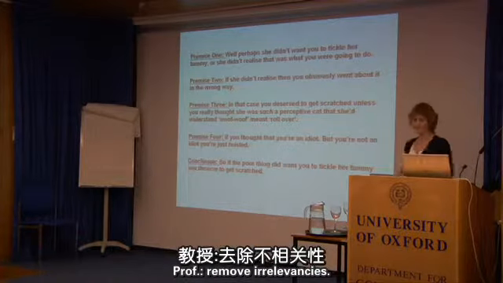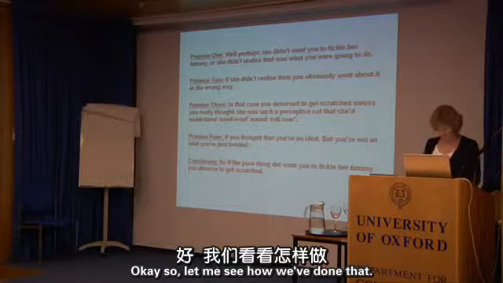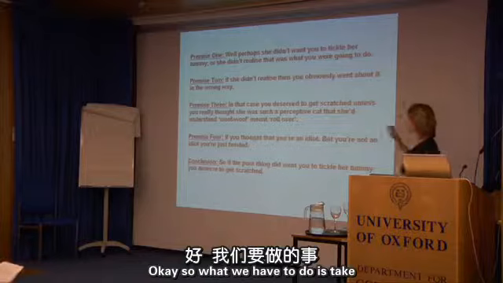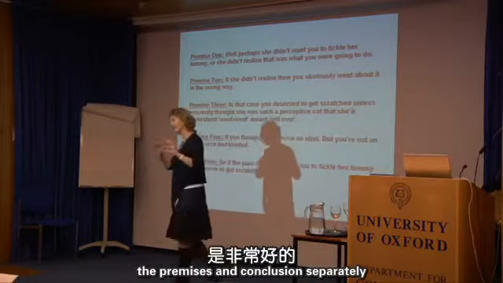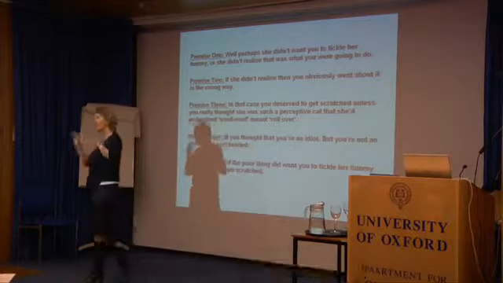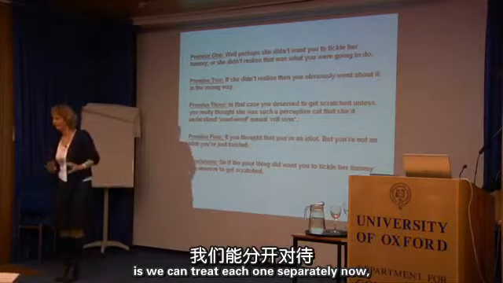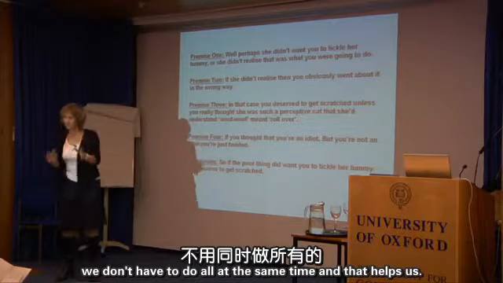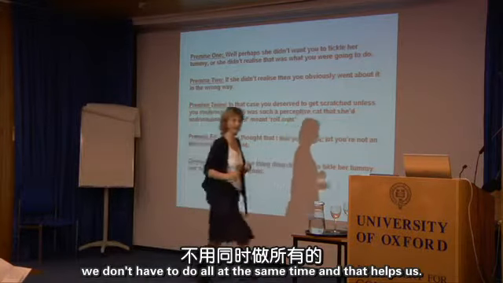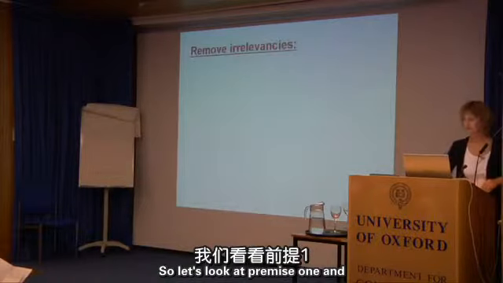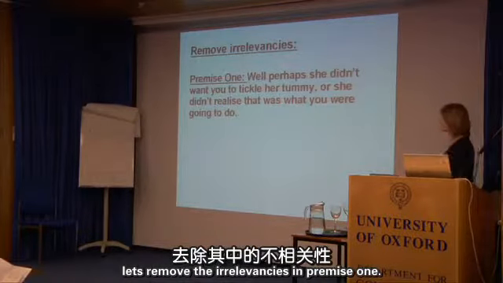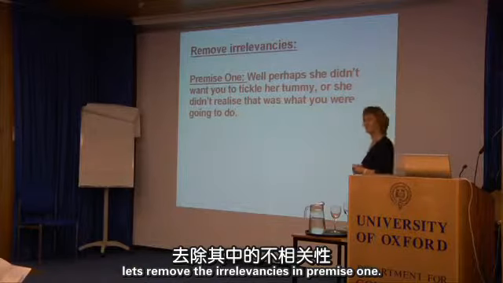Remove irrelevancies. Okay, let me see how we've done that. What we need to do is take each premise separately. The nice thing about having identified the premises and the conclusions separately is we can treat each one separately now. We don't have to do them all at the same time, and that helps us. So let's look at premise 1, and let's remove the irrelevancies from premise 1.